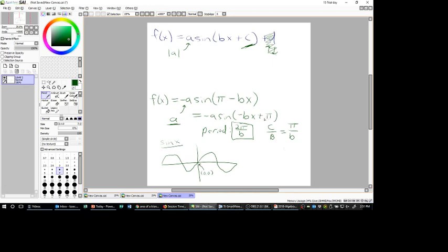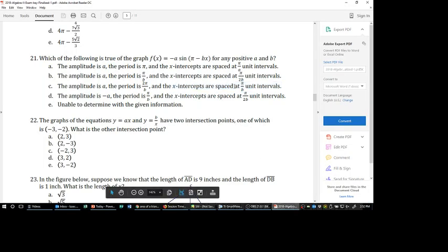If we give this a phase shift of pi over b, you have to be careful about which way you're reflecting it. We don't really know if it's going to move left or right, but it's going to move this much, pi over b, which is what they were saying. The x-intercepts are going to be spaced that far out.